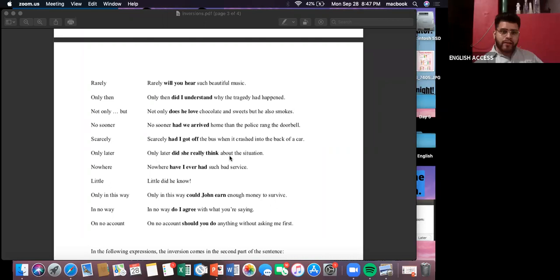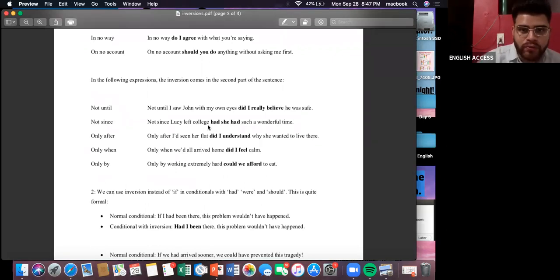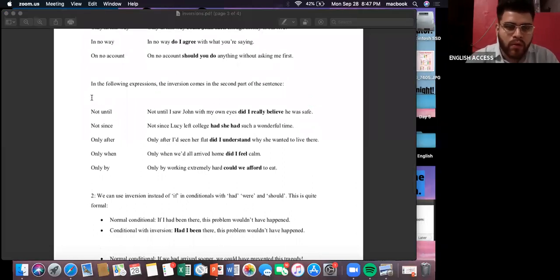Okay. And the other ones, these are the ones that use the inversion in the second part. The abnormal formula. And what is the abnormal formula? Well, adverb plus clause.